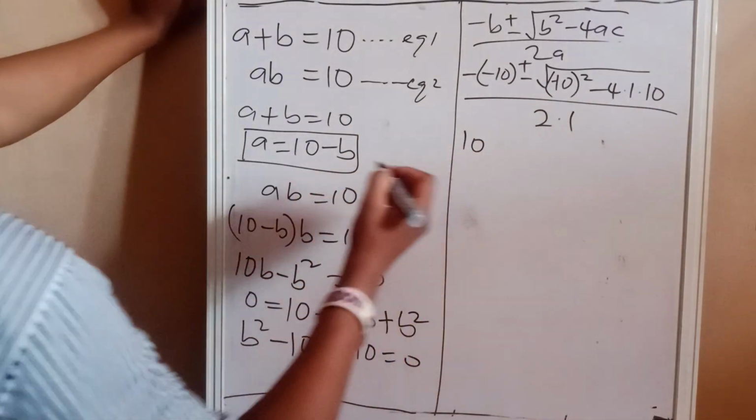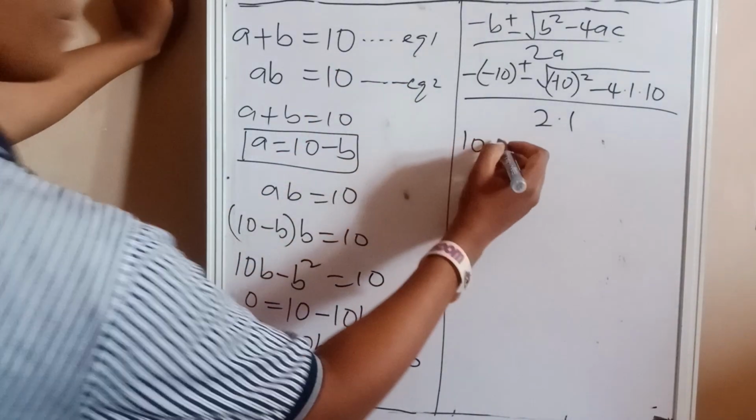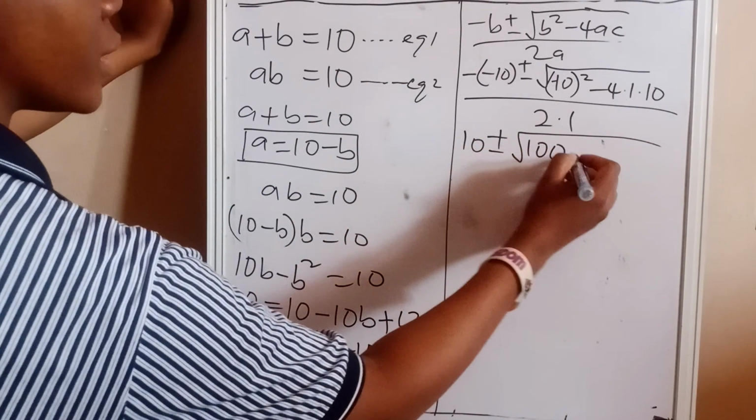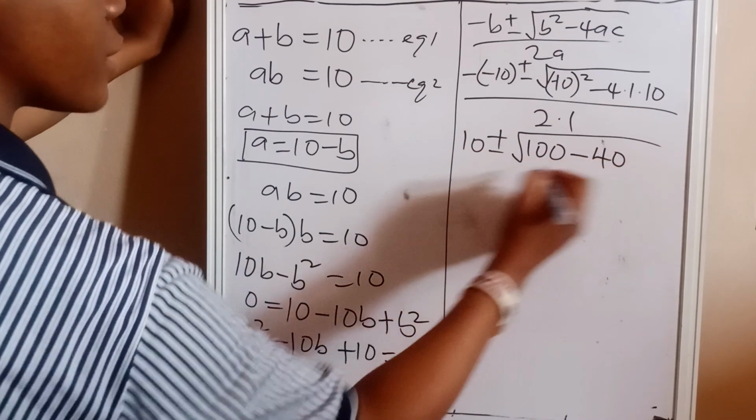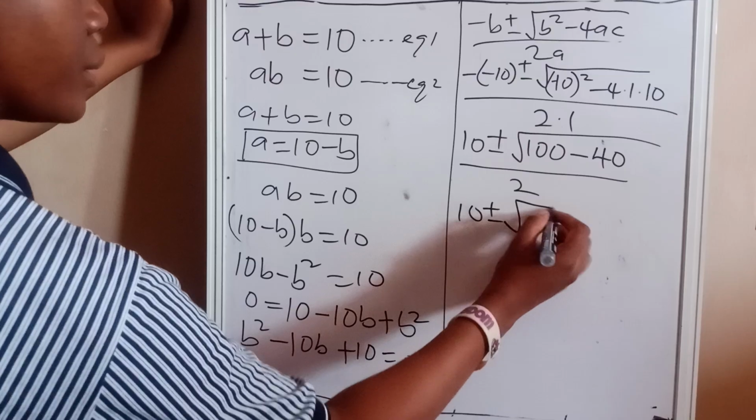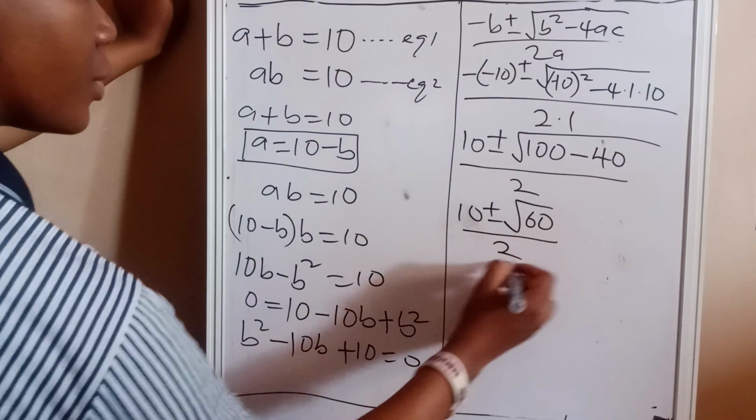This gives us 10 plus or minus the square root of 100 minus 40, all over 2. This is 10 plus or minus root 60 over 2.